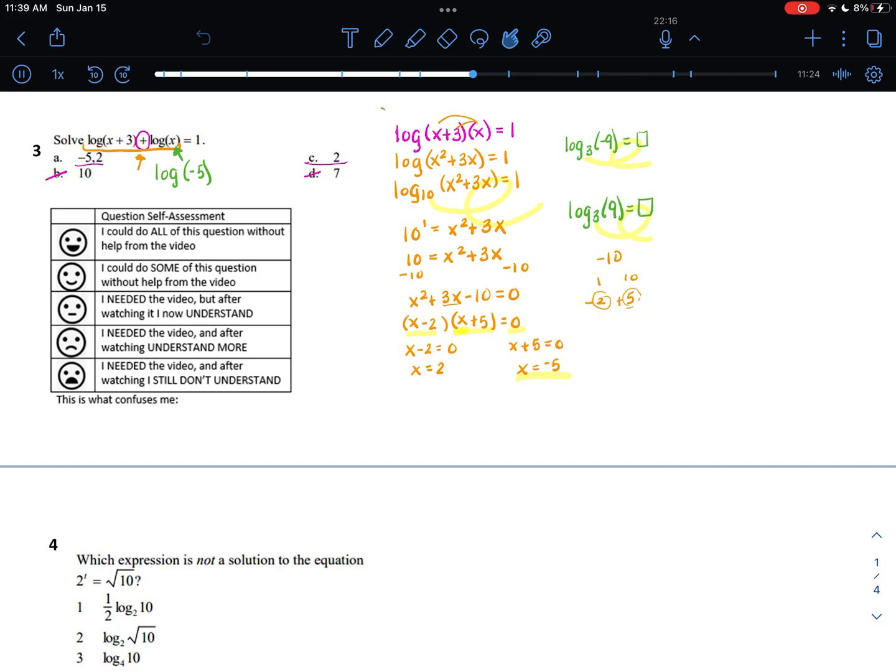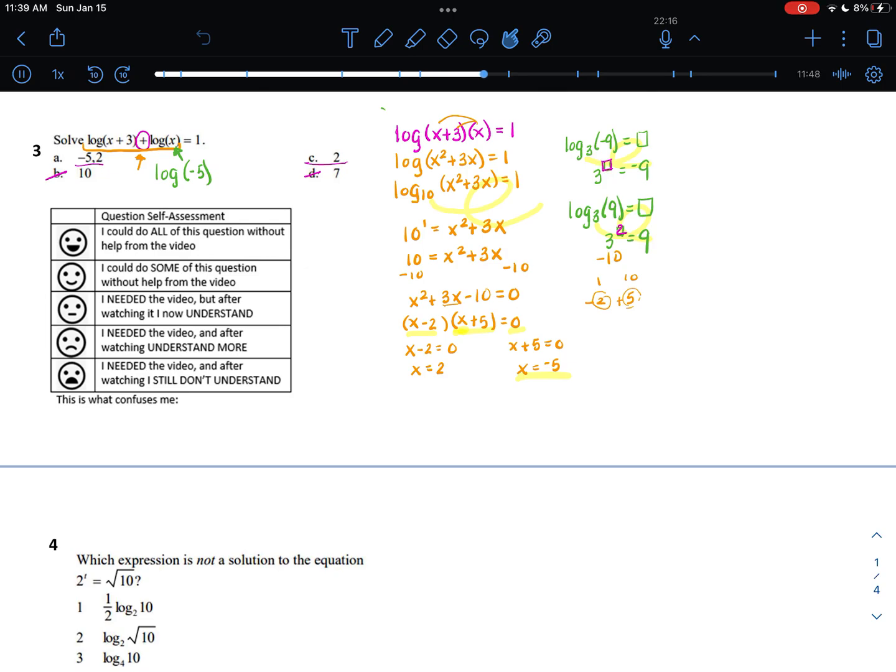So it's the same as saying 3 to some power equals negative 9, and 3 to some power equals positive 9. For the lower one here, I'm immediately thinking, oh, that power would be 2, because 3 squared equals 9.